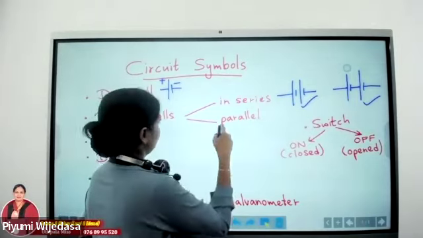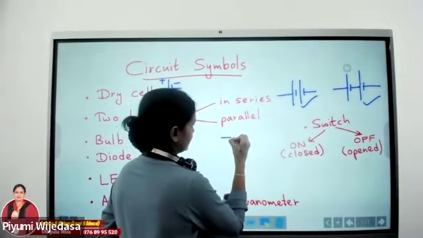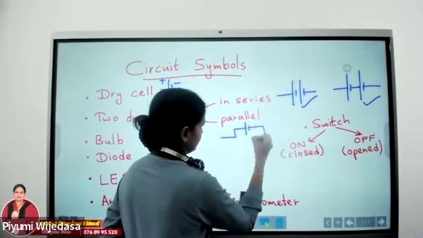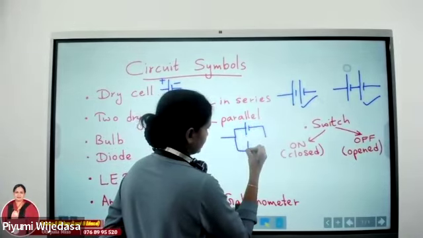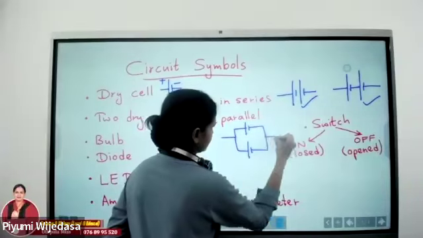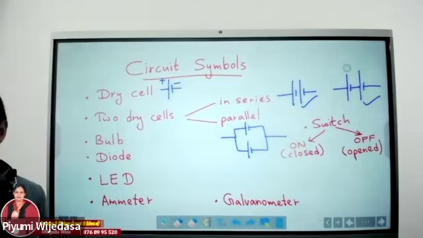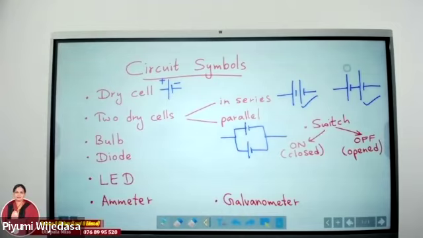Then two dry cells connected in parallel. One like this, positive, negative, and the other one again positive, negative, like this. This is the way that you have to connect two dry cells parallel to each other.